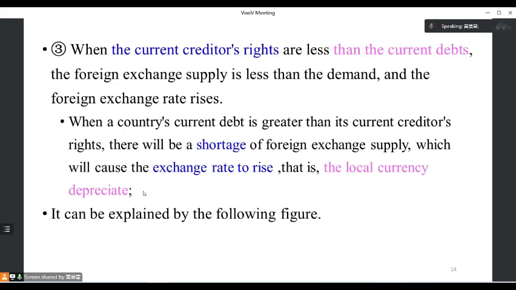And in this part of the PPT, we can find that a country getting foreign currency less than its expenditure will cause a shortage of foreign exchange supply, which will cause the exchange rate to rise.